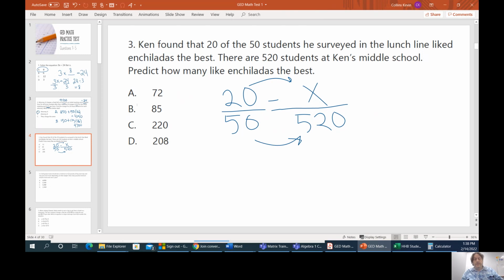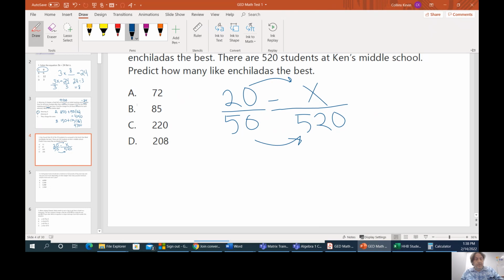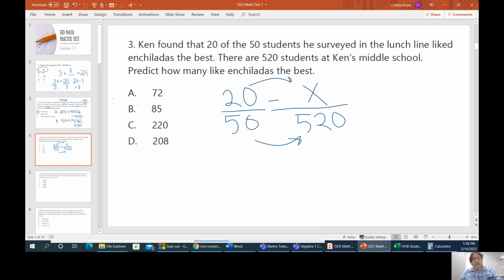There's a couple different ways you can go about this. When you have a fraction that's equal to another fraction, that's known as a proportion. And with a proportion, you can cross multiply. So we cross multiply this way, we get 50 times x. And if we cross multiply this way, that's going to be 20 times 520.